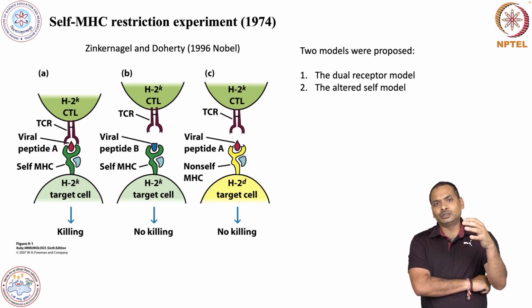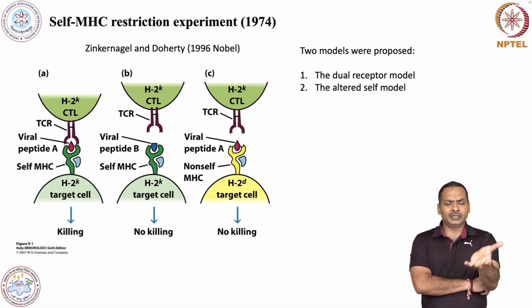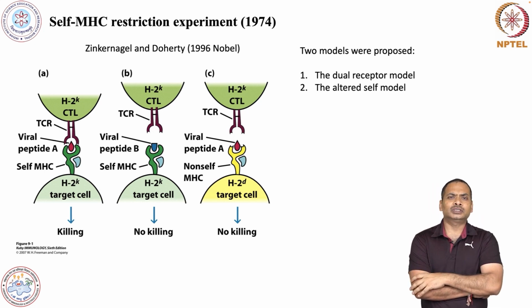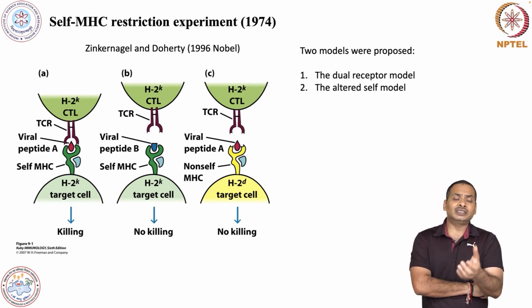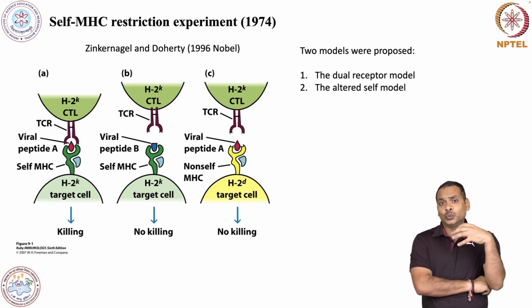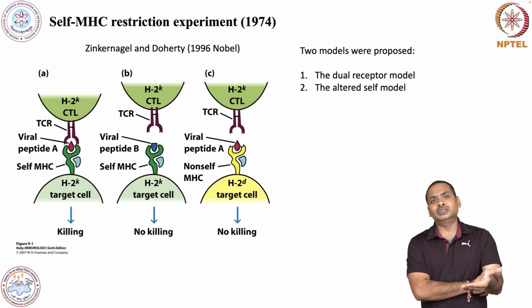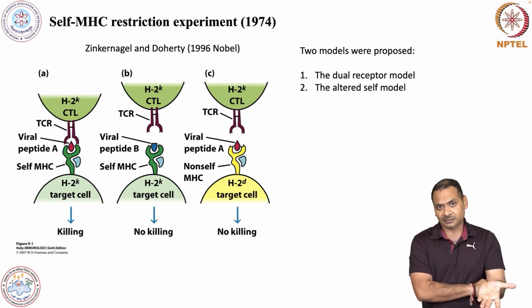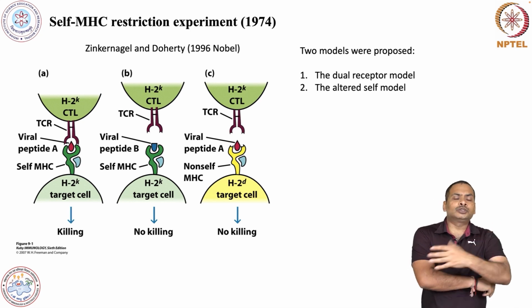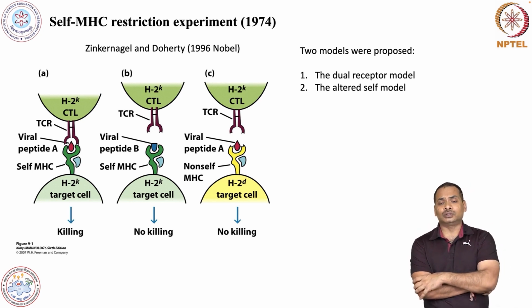Here the experiment is with cytotoxic T cells. So, I can say that the cytotoxic T cell will kill those target cells which express self MHC and present the antigen. And this is true for T helper cells also.